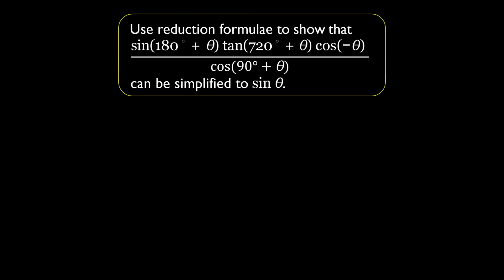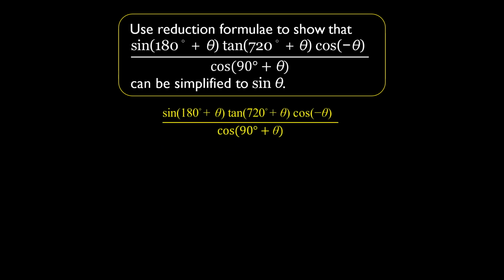Another good question. Use reduction formulae to show that sine of 180 plus theta, tan 720 plus theta, cos minus theta, the whole over cos 90 plus theta can be simplified to sine theta. So until we get sine theta, we must continue our steps. Look at the second term, tan of 720 plus theta.